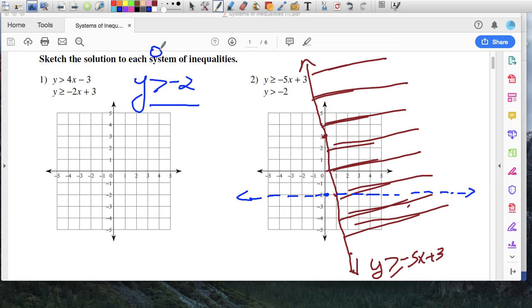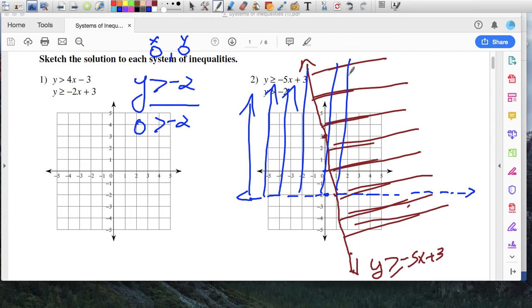So if I pick 0, 0 over here and substitute, here's my x value, my y value. I can only use my y value, so 0 is greater than -2. That is true. So 0, 0 is here. So we want numbers that are above the blue line, not below. So I'm going to go like this.